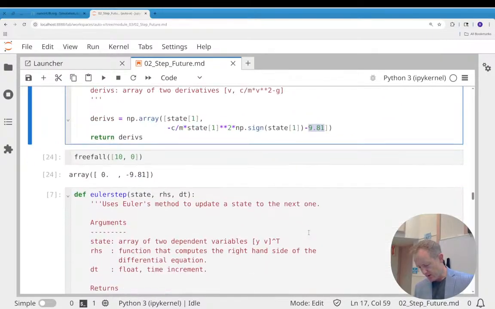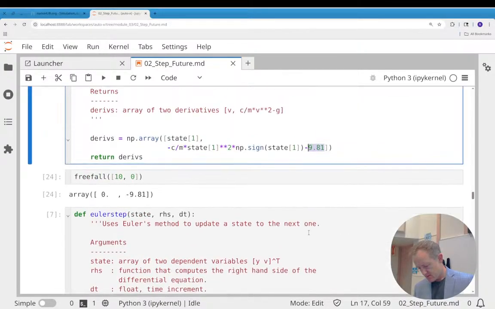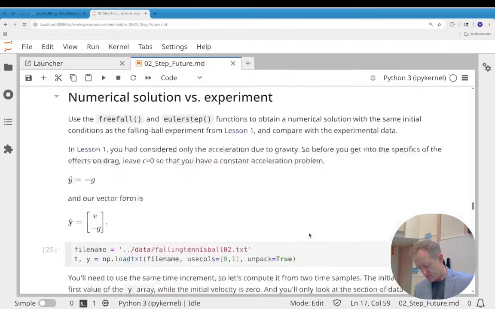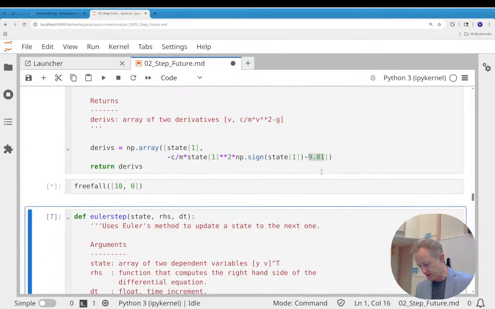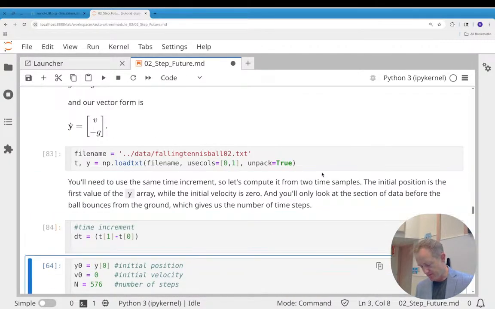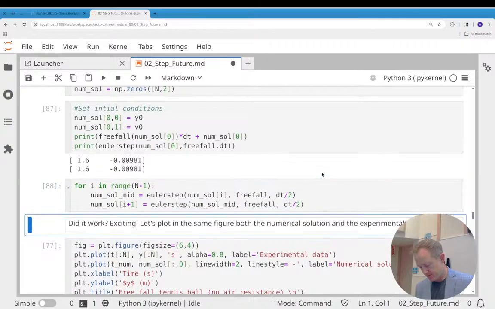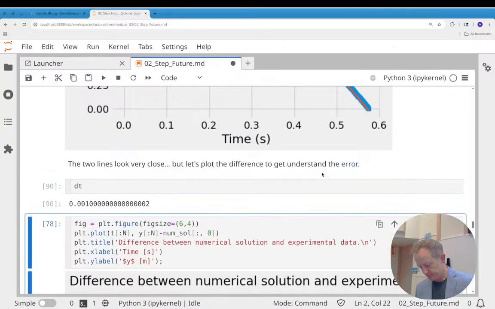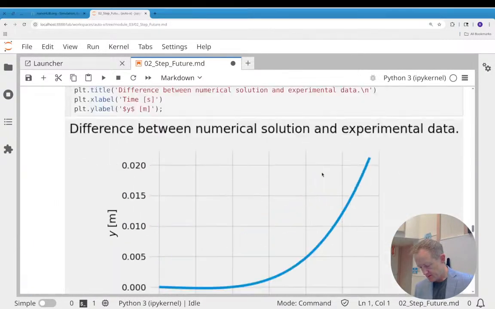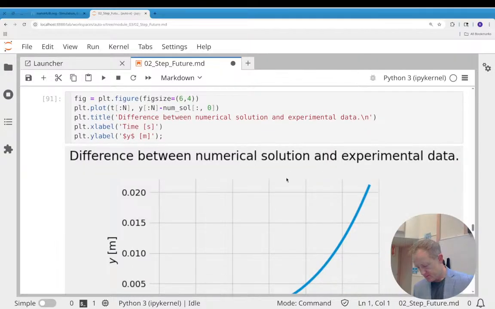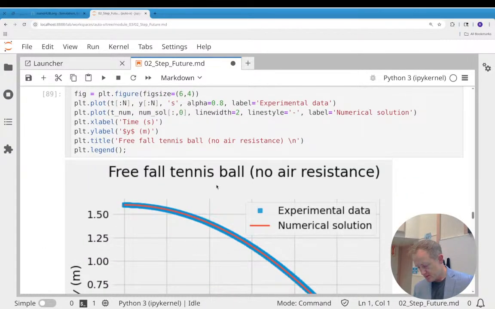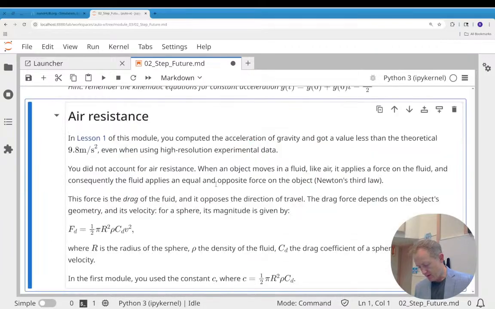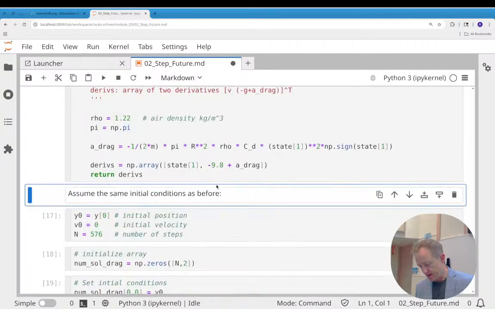I thought it was with. Oh, no air resistance. Okay, there we go. Yeah, you're right. No air resistance, so we'll add it in.